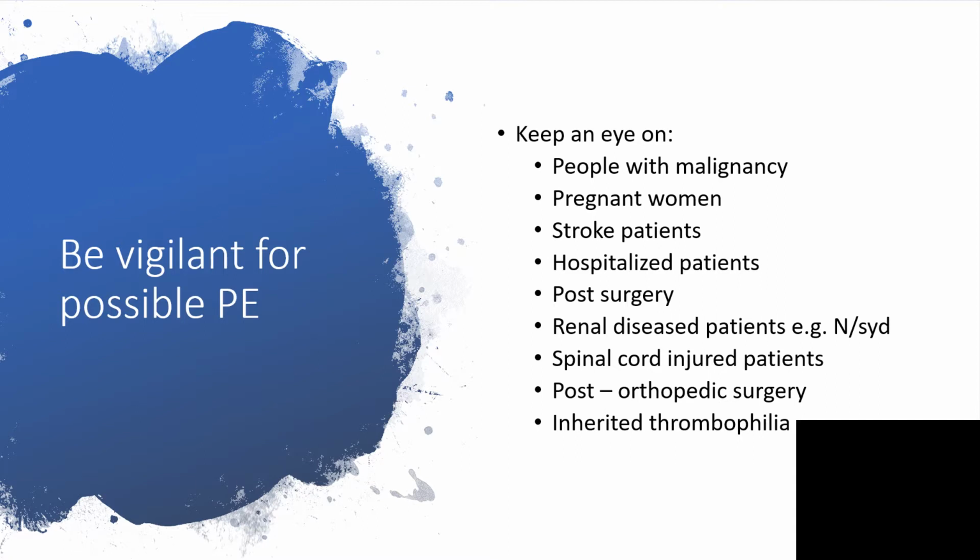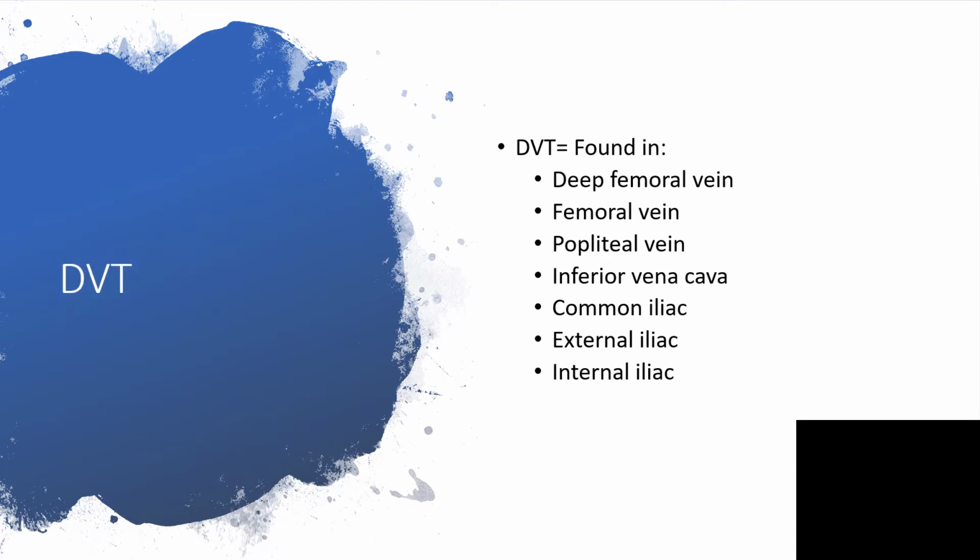In fact, from the onset, once the diagnosis is made, monitoring, correcting risk factors will start immediately. Then, DVT could be found where? In the deep femoral vein, and also in the femoral vein or popliteal vein, inferior vena cava, common iliac, external iliac, or internal iliac.